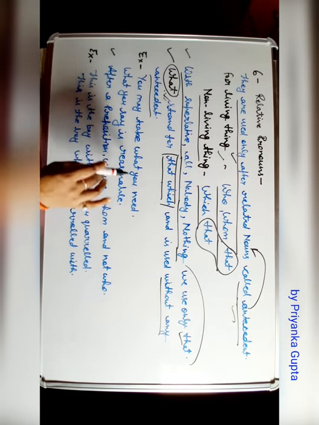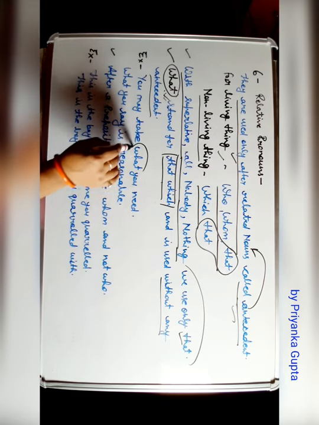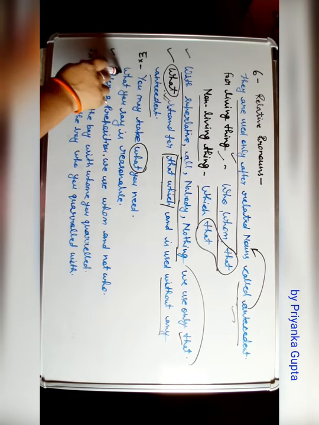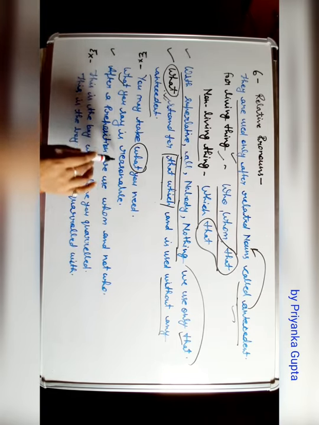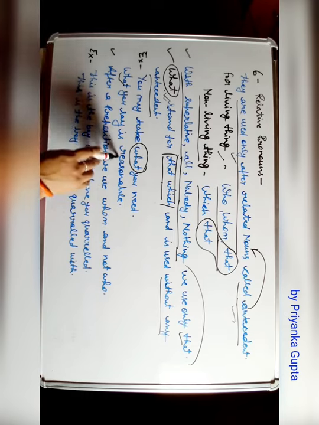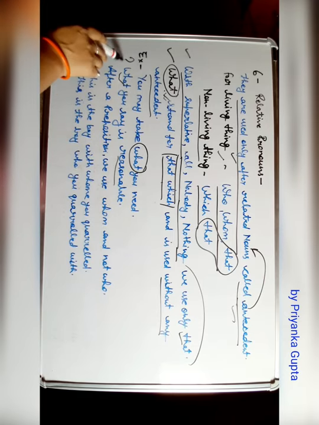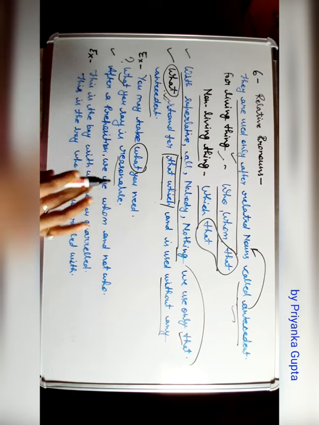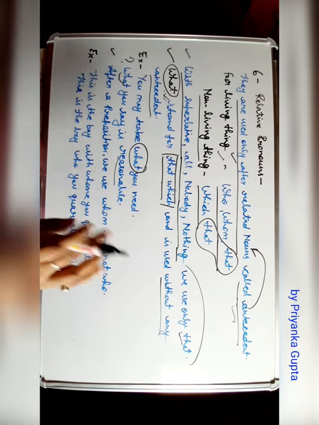This is your pronoun. Clear? Next example, what you say is reasonable. There is no antecedent, and we are using what. So that's why we can use what without any antecedent.